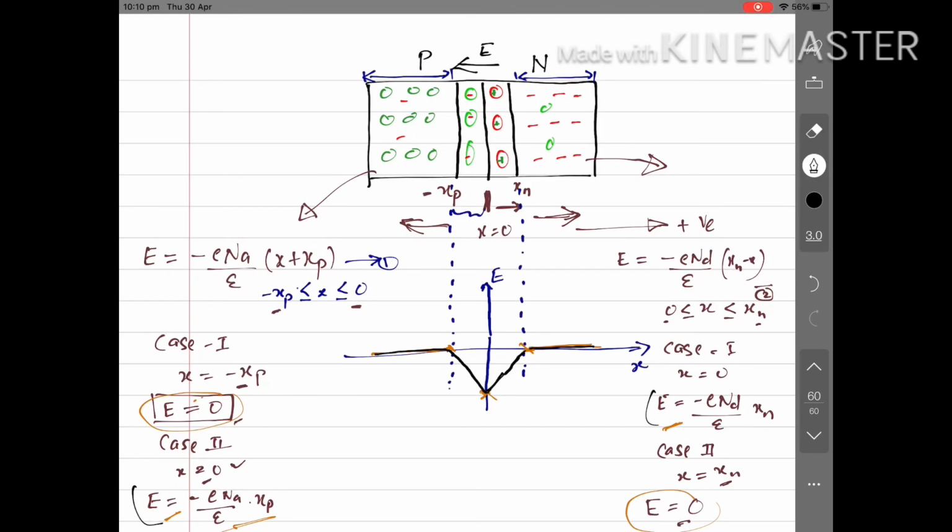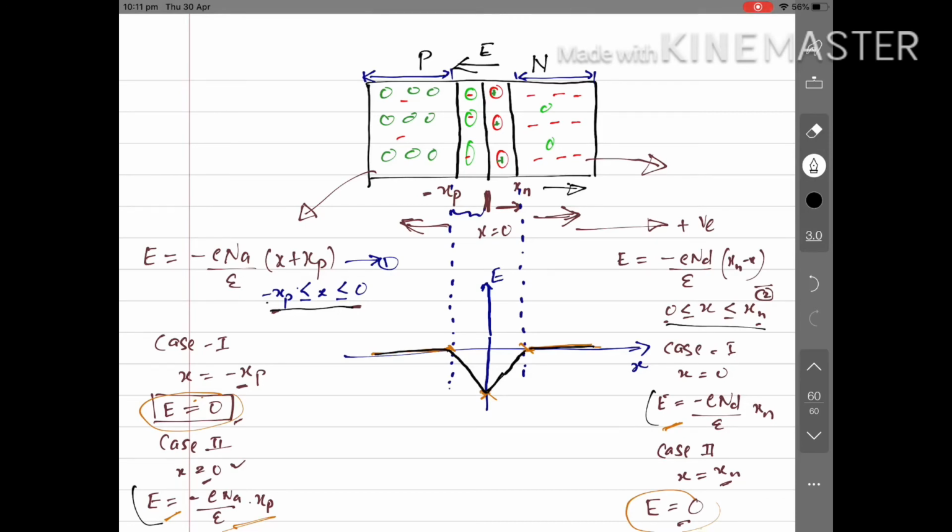But for the equation, what we have considered is minus x p to 0 and 0 to x n, which means this direction. So the direction we have assumed is opposite to the electric field which occurs in a PN junction. That is the reason why the graph we are getting is in the opposite direction.